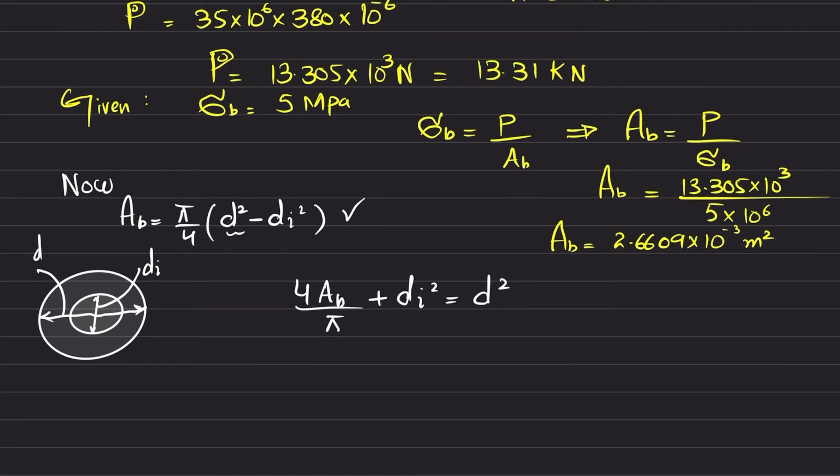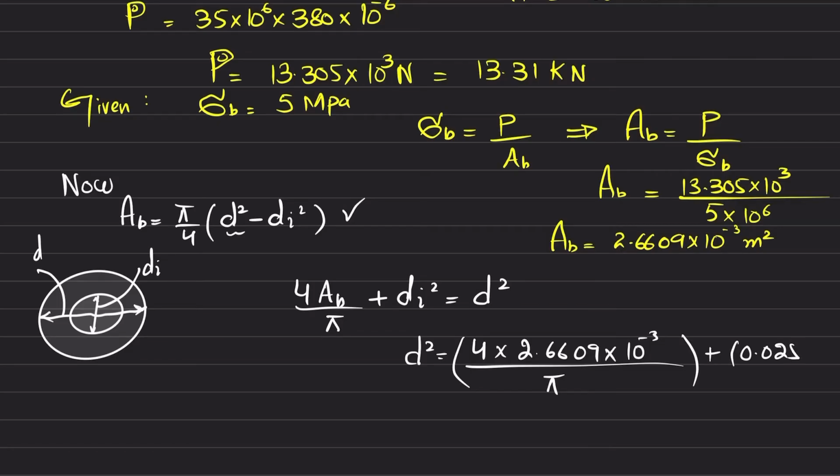Clear? Now you can put in the values. D square is equal to 4 multiplied by 2.6609 into 10 to the power minus 3 divided by pi, plus DI square. DI is given as 25 millimeter, which is 0.025 whole square. When you solve this, you get D square equal to 4.013 into 10 to the power minus 3 square meter.